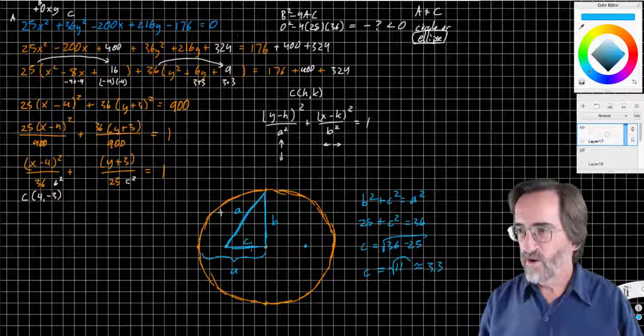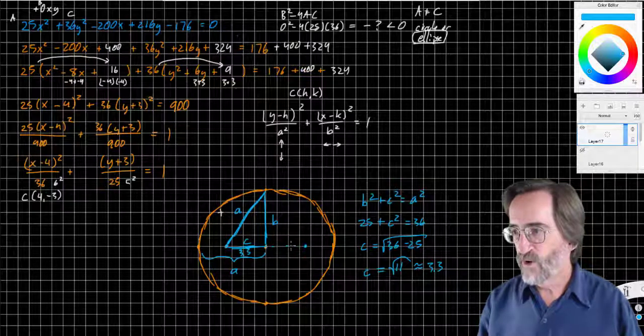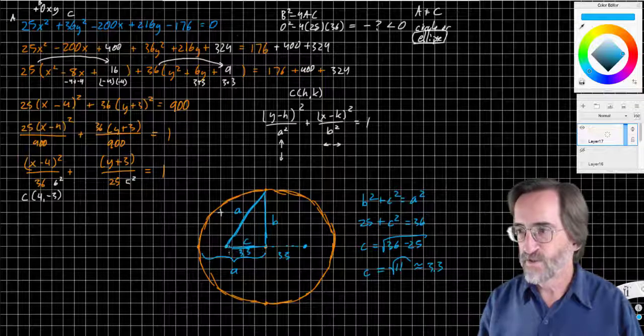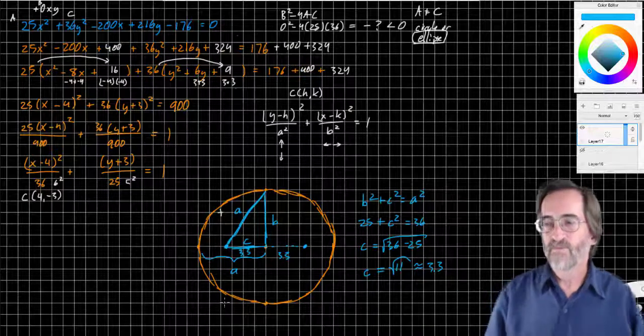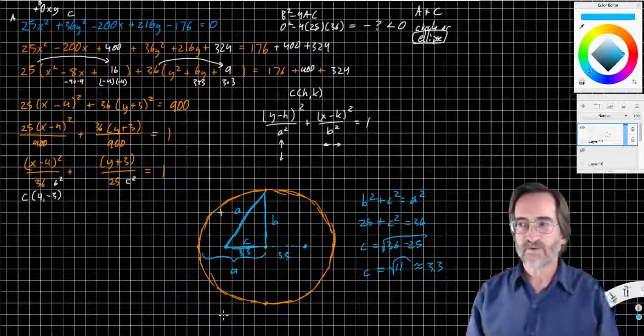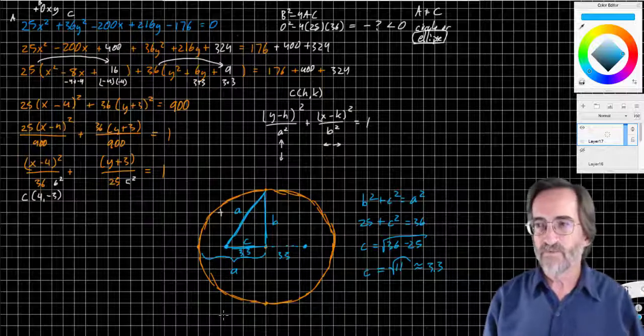So if I go 1, 2, 3.3, and I've got that pretty close here, 3.3 to the left and 3.3 to the right, I find the focus, or the foci. And we can use that to find specific coordinates of the foci.